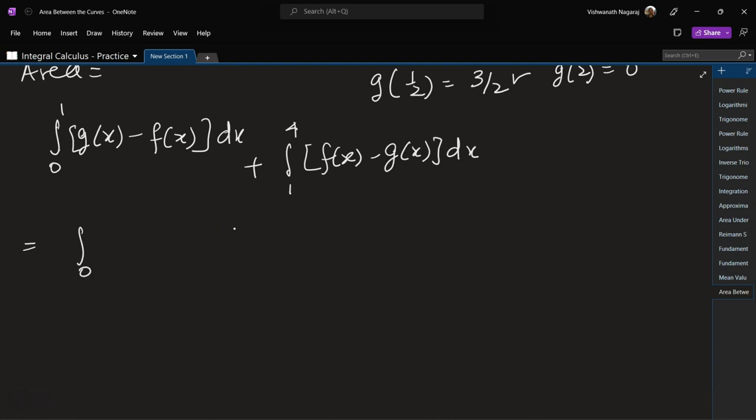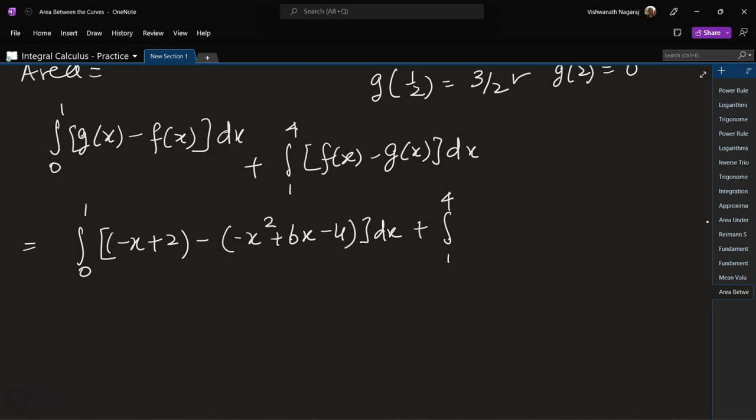So integral from 0 to 1 of minus x plus 2 minus f of x, that is minus x square plus 6x minus 4, dx plus integral from 1 to 4 of f of x, that is minus x square plus 6x minus 4 minus x plus 2 dx.